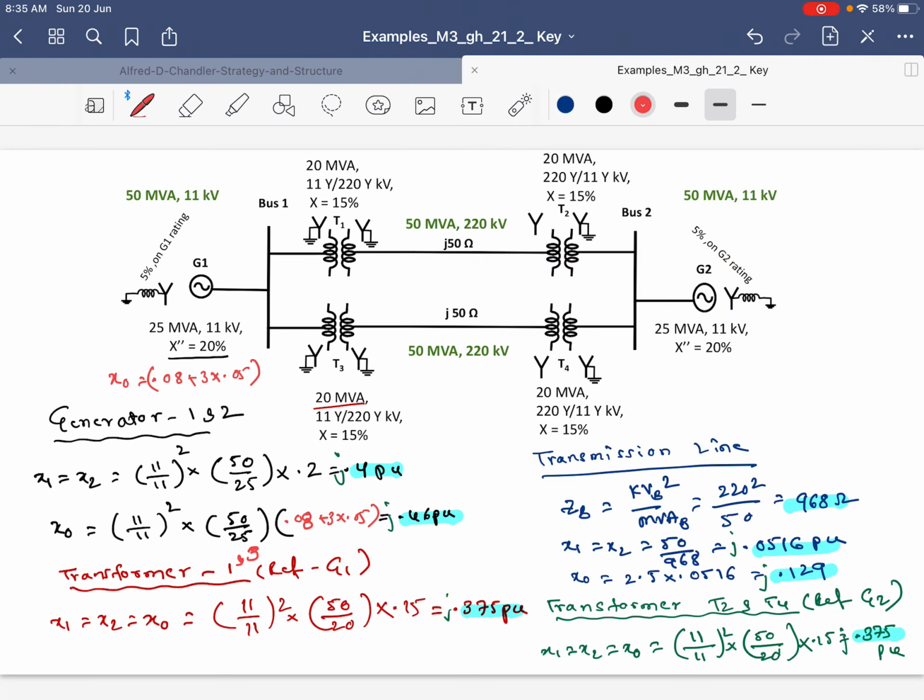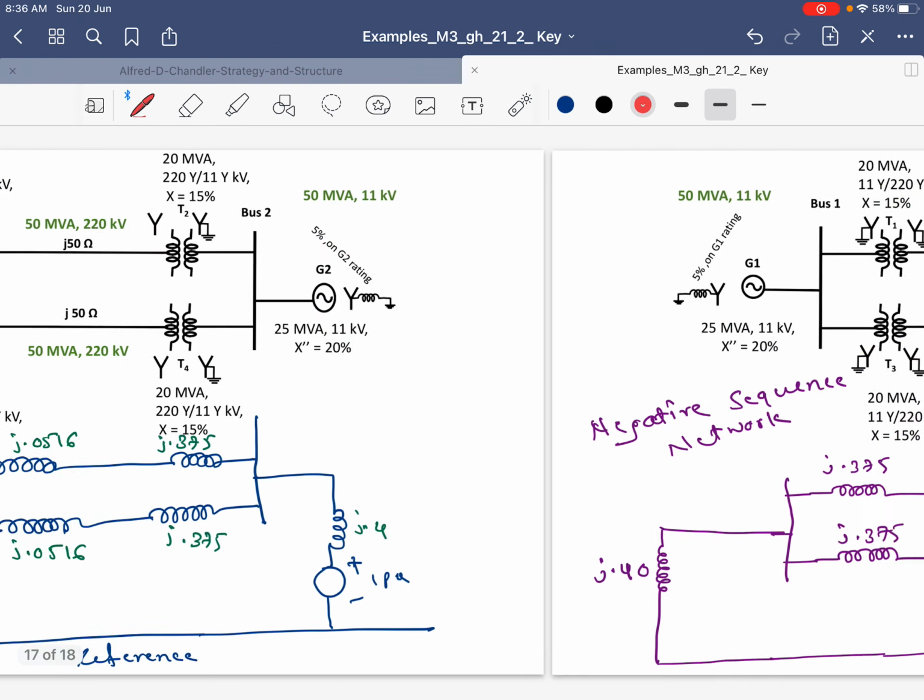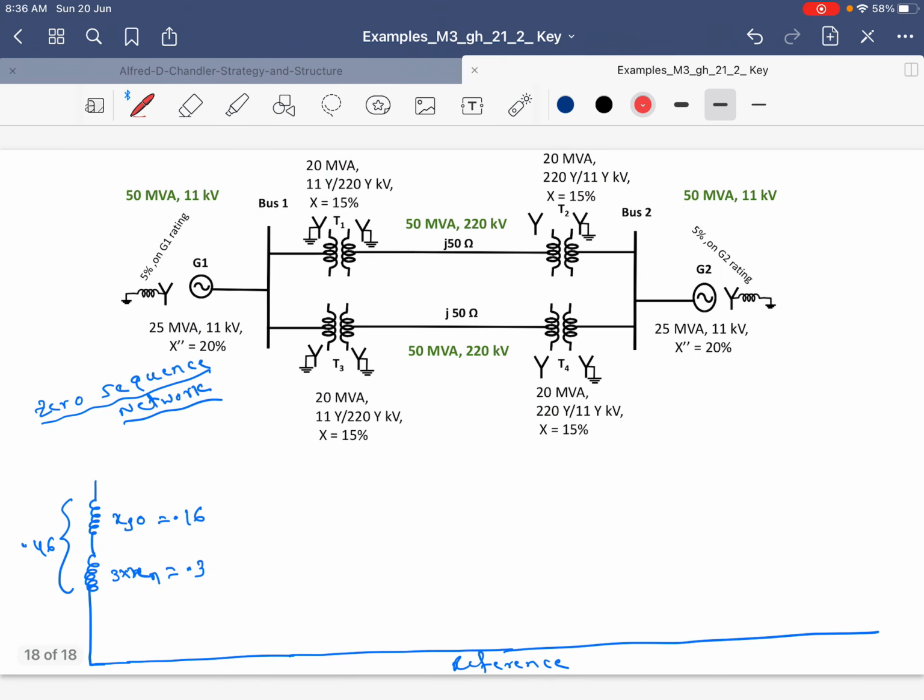Whatever the simplification, you are getting 2, and multiplying gives Z. 2 into 0.08 is 0.16, and 2 into 0.05 is 0.1, into 3. That is the same thing I have specified here. Otherwise you can mark it with only one reactance, that is 0.46, so j0.46 you can represent. Okay, these are individual values.